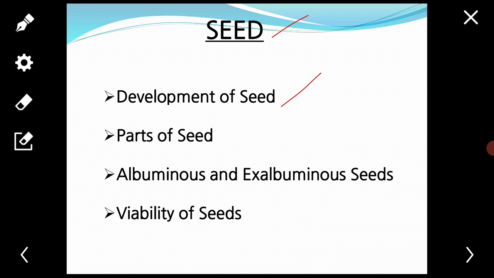Next, the nucellus is generally used up during the development of the embryo, but in some cases it remains outside the endosperm in the form of a thin layer, and that layer is termed perisperm.